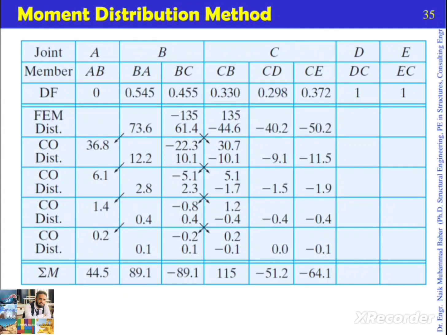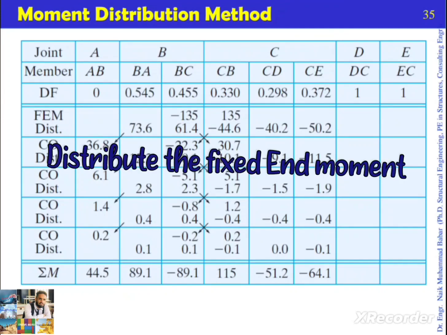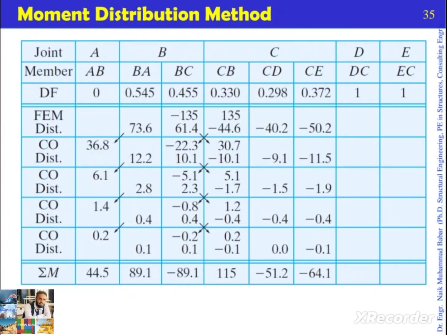Now we will distribute this moment to each member. Remember this. We will distribute the fixed end moment to the members attached at the joint. The only fixed end moments are present at BC and CB. So at joint B, the only moment is minus 135.